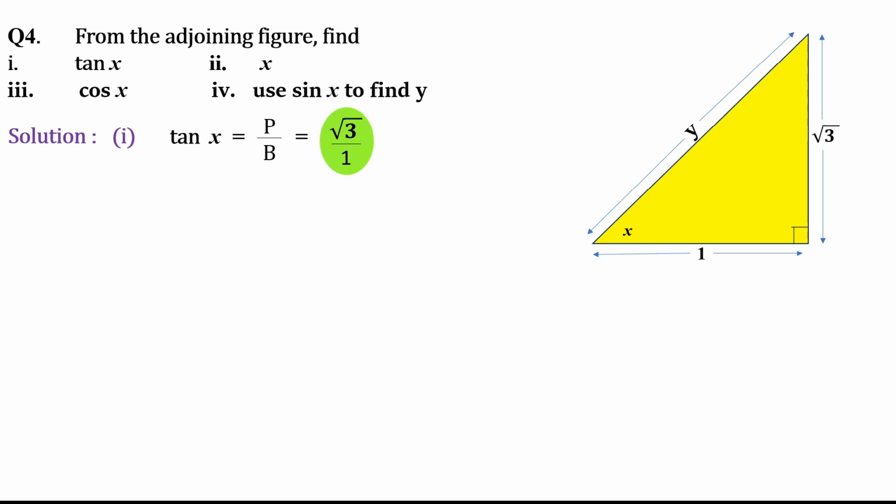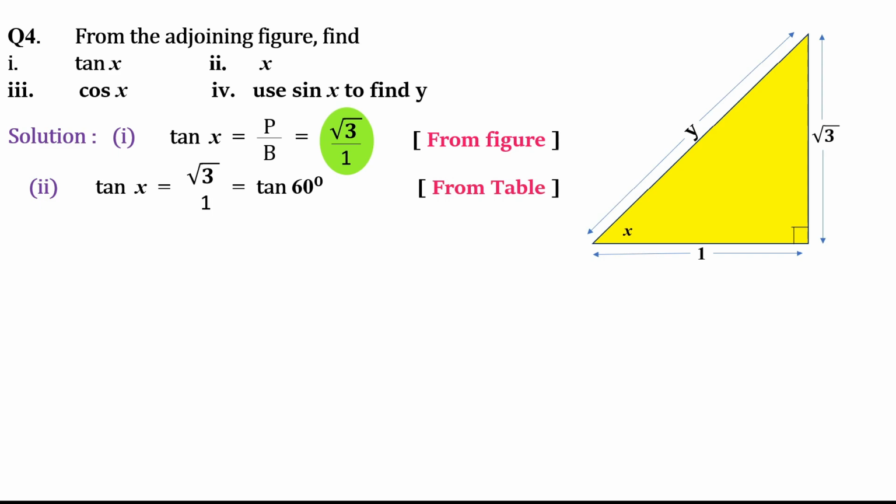Now the second part is to find the value of x. Now I will take the help of the standard angles value. From the table, I will see for which value of tan my answer is root 3. Yes, so from the table, I will find that tan 60 is root 3. Here in the question, tan is connected with an unknown angle x, and it is giving me an answer root 3.